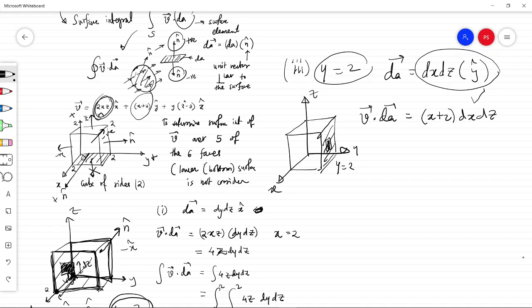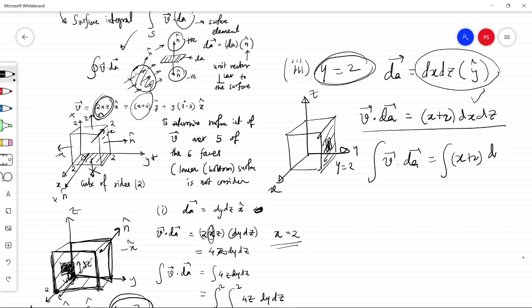And we should note that y equal to 2 cannot make any change here, because y does not appear here, as was the case previously where we had to put the value of x in the expression for v bar dot dA bar. So we can integrate v bar dot dA bar as the integral of x plus 2 dx dz.